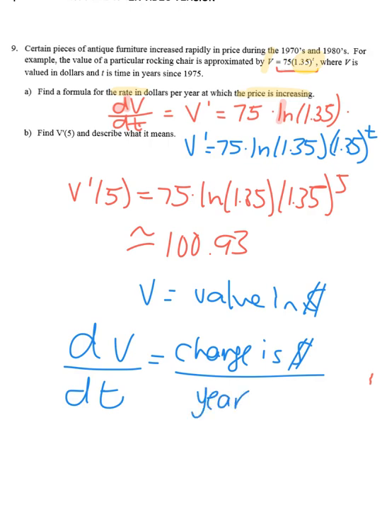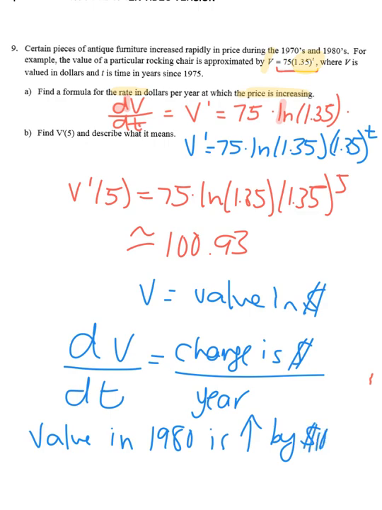So V prime of 5 is approximating that the value, in 5 years since 1975, which is 1980, is increasing by about $100.93 a year.